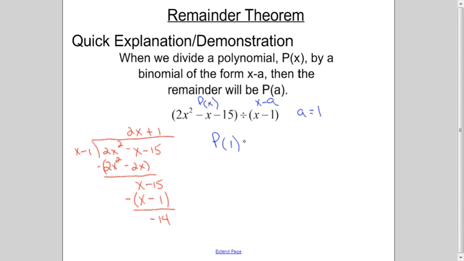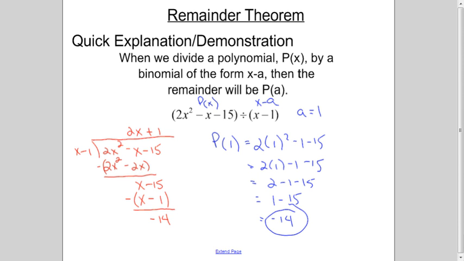I'm just going to plug it in here to p of x and do 2 times 1 squared minus 1 minus 15. Then quickly through the order of operations, I'm simplifying. This line I get 2 minus 1 minus 15, which is in fact 1 minus 15, which is negative 14. So what did I do here? I actually got the remainder without doing any division.